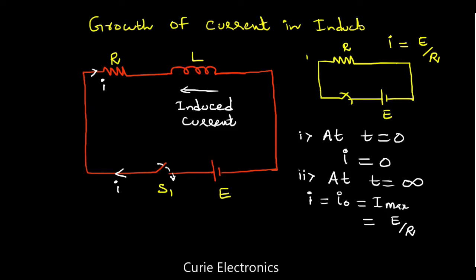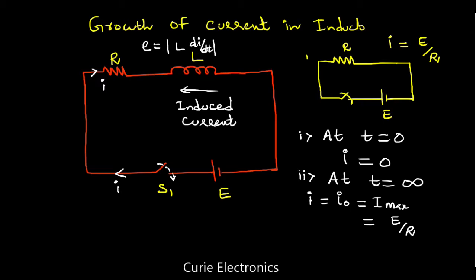So there will be a voltage across the inductor due to this induced current, given by the induced EMF E equals mod of L di upon dt.